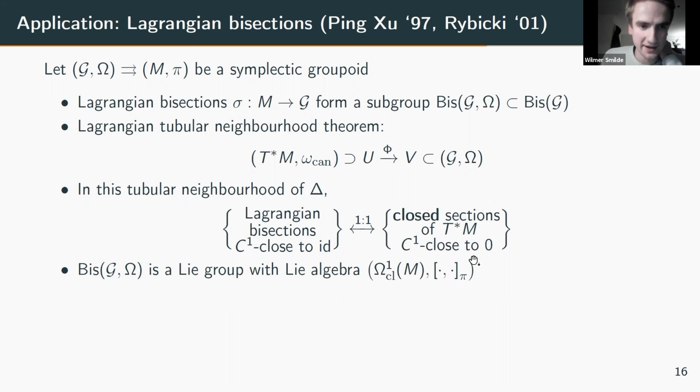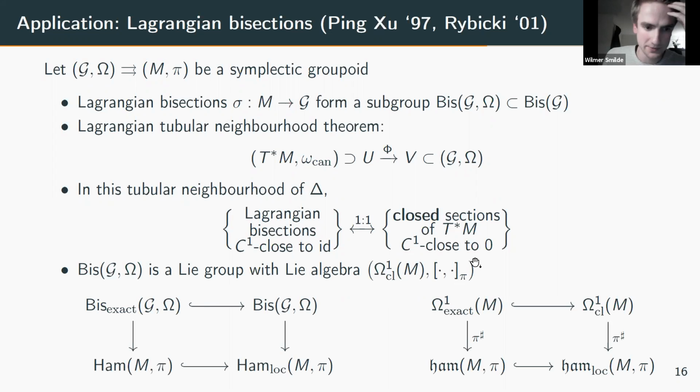So that's interesting. And there are also some intimate connections with Poisson diffeomorphisms. Namely, you can also introduce the notion of exact bisections, and these sit inside the normal bisections. The induced homomorphism that I introduced before lands in the locally Hamiltonian group. This morphism is always locally surjective.